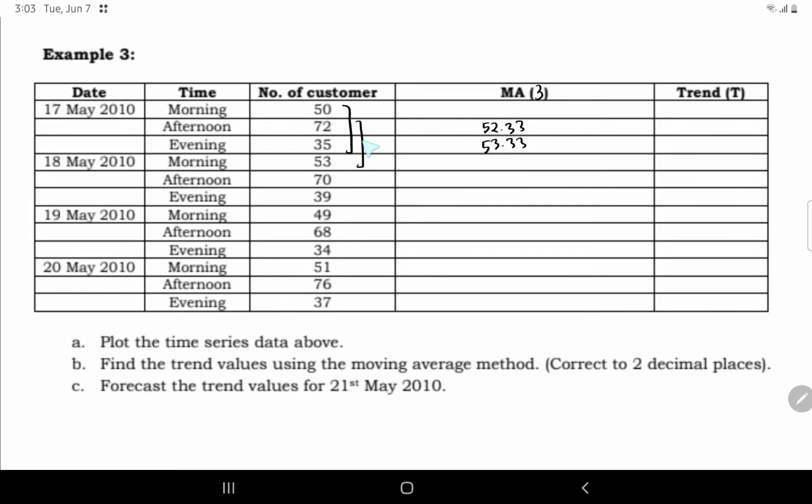So kita buatlah seterusnya sampailah last kali. So this one 52.67. Here for 45. 52.67.